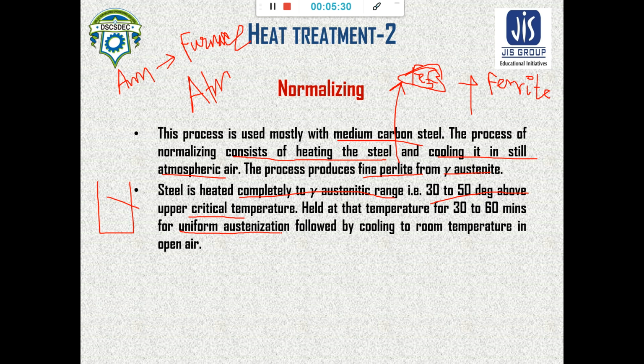This is followed by cooling of the workpiece at room temperature in open air. This is also important. The cooling is done at room temperature in open air. This is in the case of normalizing.